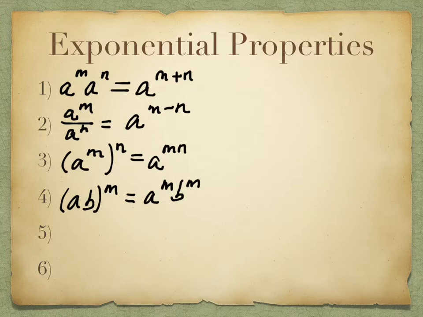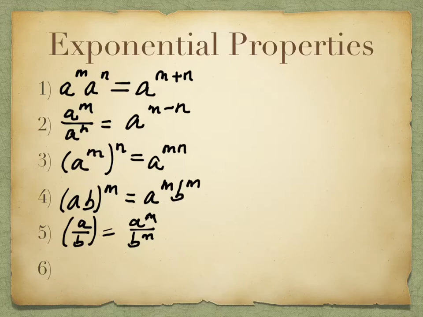And it works for multiplication. It also works for division: a to the m over b to the m. Notice there's not a rule that says what happens when it's addition or subtraction, because there is not a closed rule for every exponent when there's addition or subtraction. You don't just get to distribute it through.